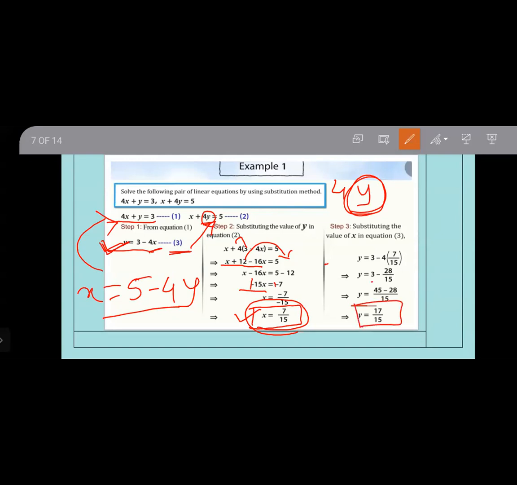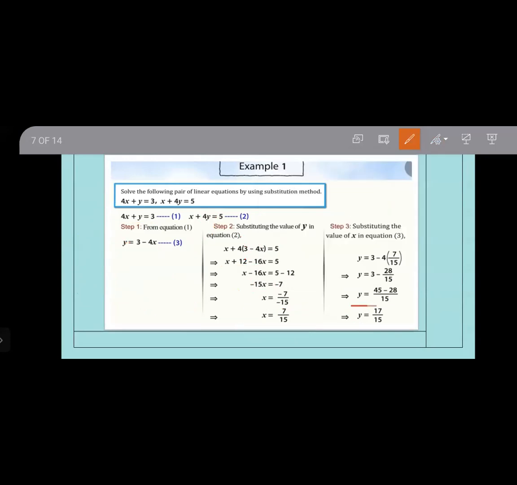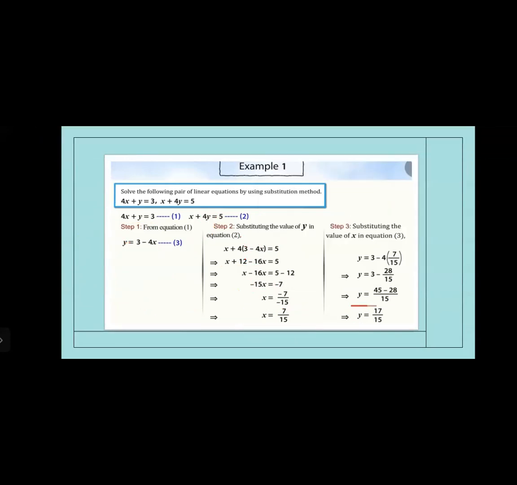So here you got the value for the variable x and for the variable y. Now, in the previous class, I also explained how to check whether your answers are correct, that means whether they satisfy the given equation or not.